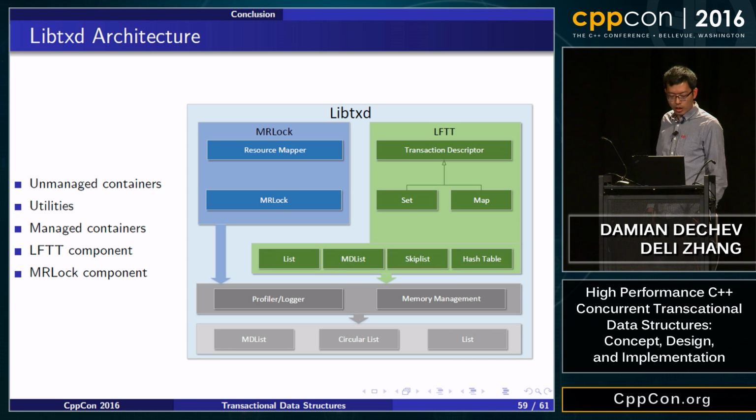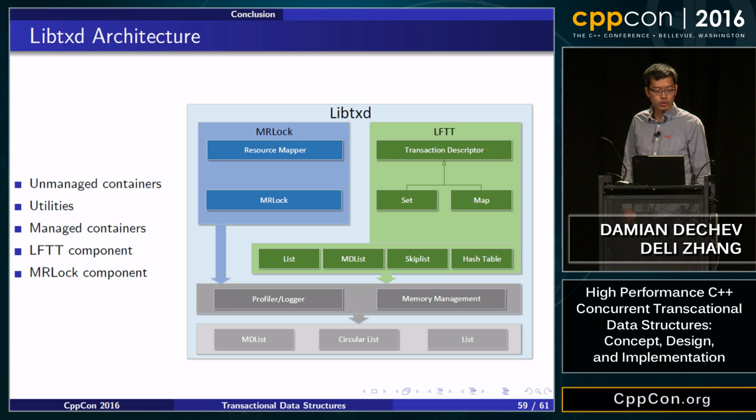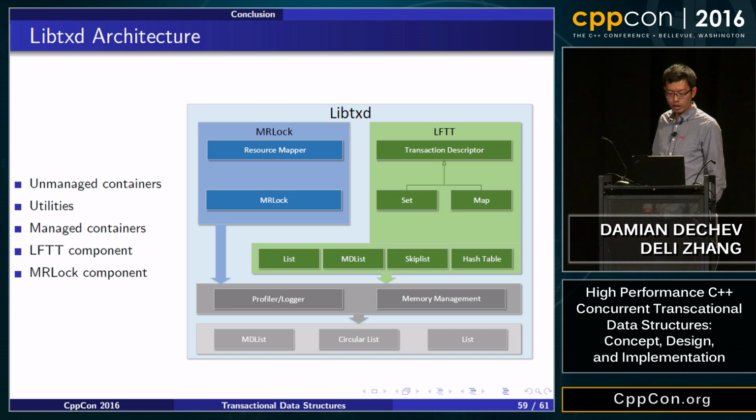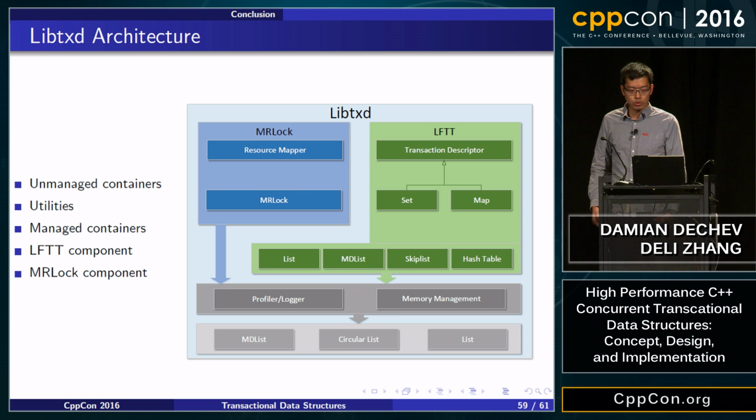On the upper level, we have 2 strategies. For the MRLock, we provide a resource mapper that allows you to map abstract locks into the bit set in MRLock to be used with conventional lock-based data structures. And for the LFTT, we provide the data structures linked list, MDList, skiplist, and hash table with 2 types of interfaces, set and map.